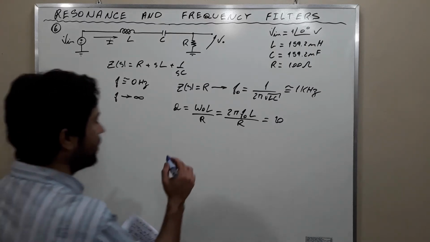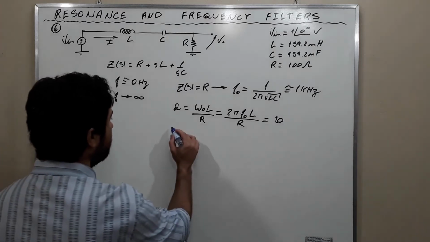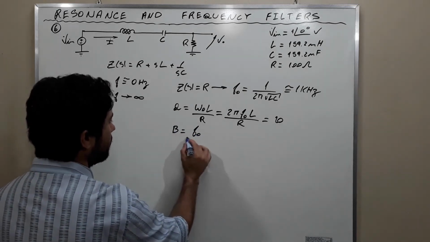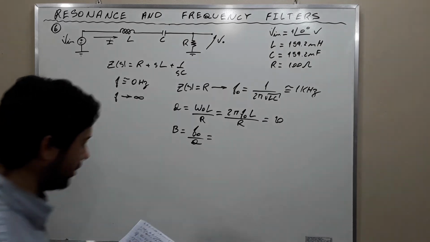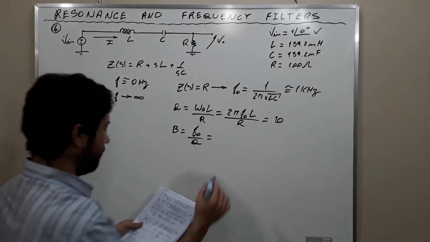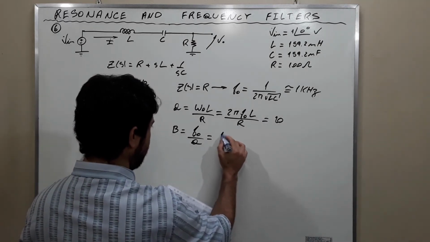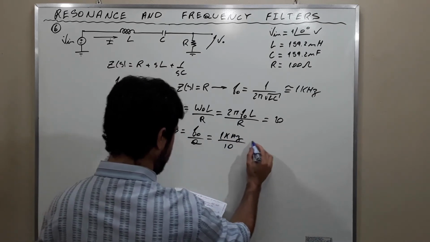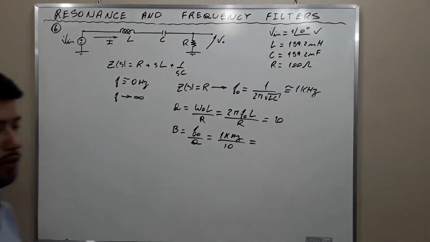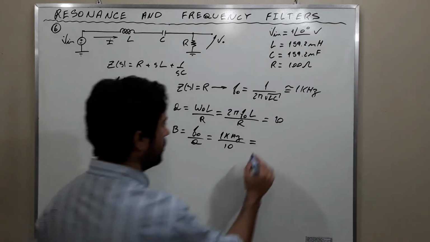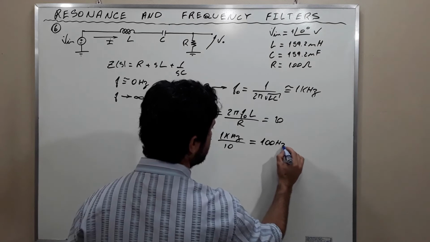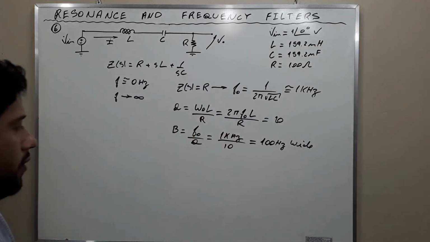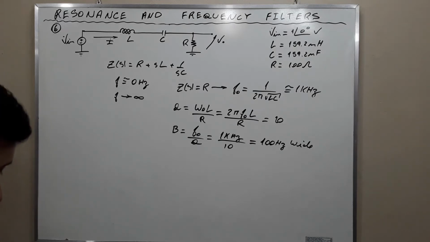Then they are correlated in this way. The bandwidth is correlated to the quality factor in this way here. Okay? We use the values here. F0 is 1 kilohertz and the quality factor is equal to 10, and we find our bandwidth as 100 hertz wide. Okay, our bandwidth is 100 hertz wide.